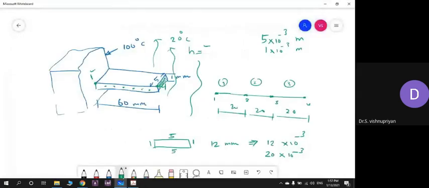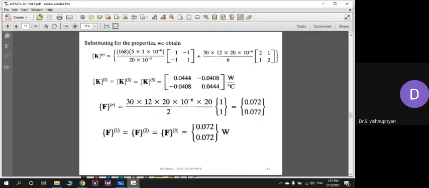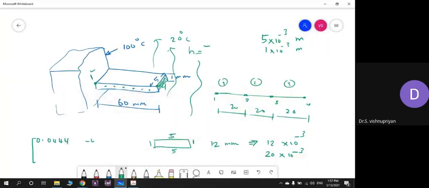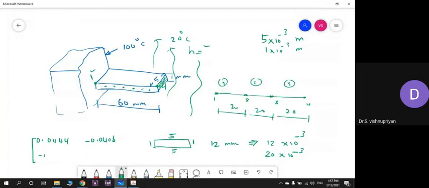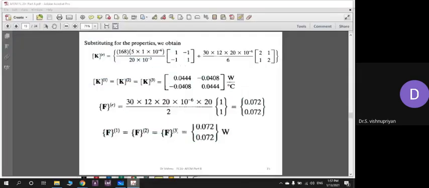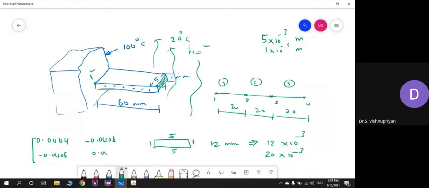So 0.0444 from the first element, then minus 0.0408, minus 0.0408. Here we have plus 0.0444. This is for the first element.